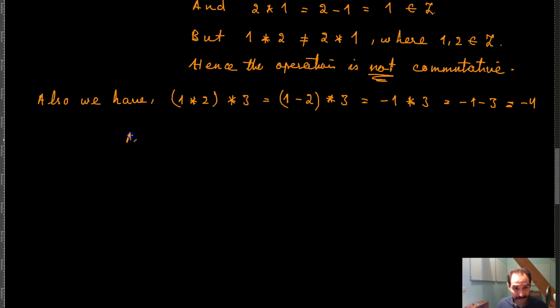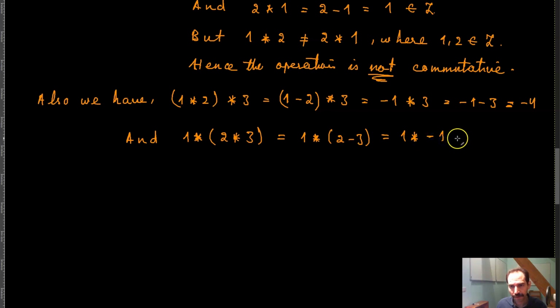And 1 star (2 star 3) is equal to 1 star (2 minus 3), which is equal to 1 star negative 1, which is equal to 1 minus negative 1, which is 1 plus 1, which is equal to 2.